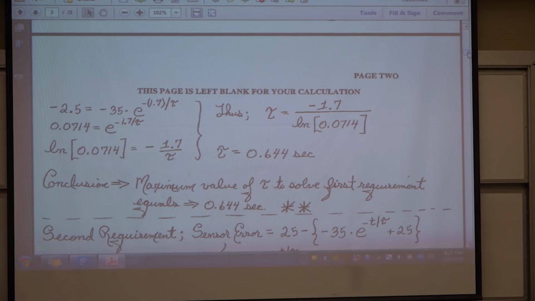Okay. All right. Let me pause, make sure we're all good. Now, the second requirement, let's see what value of tau we're going to get for that.